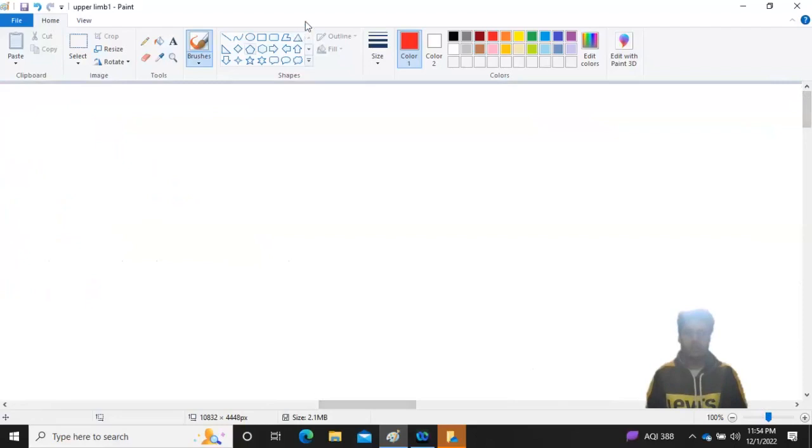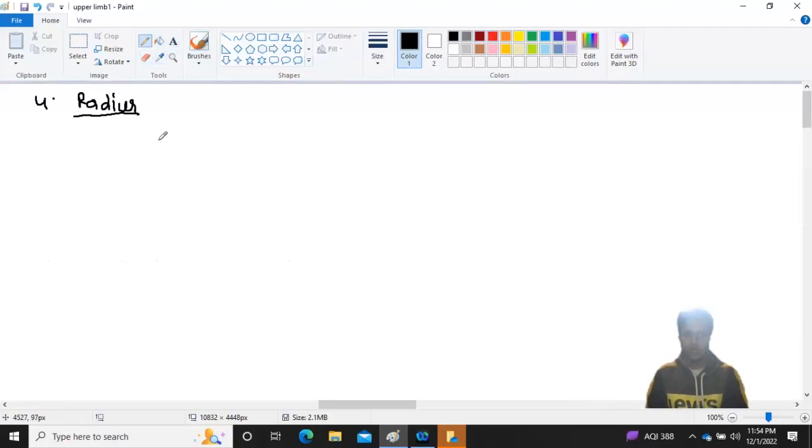So we are starting from the radius bone. This is a forearm bone, the radius bone. First we discuss its parts. सबसे पहले, it is also a long bone, so we draw a long bone.